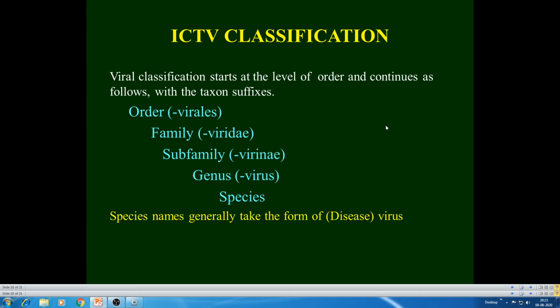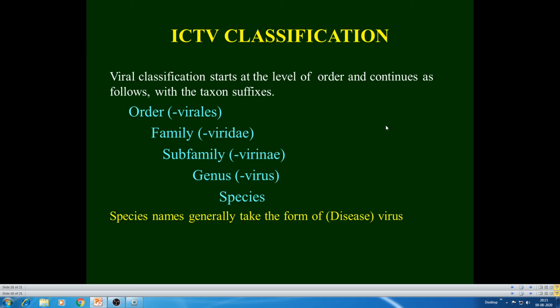You can see the order Virales. I told you earlier, whenever you classify at the order level, the order should end with the suffix ales, order Virales. Family Viridae. It's not like in the case of angiosperm taxonomy, where the family ends with the aceae suffix. But here, no, it is Viridae.